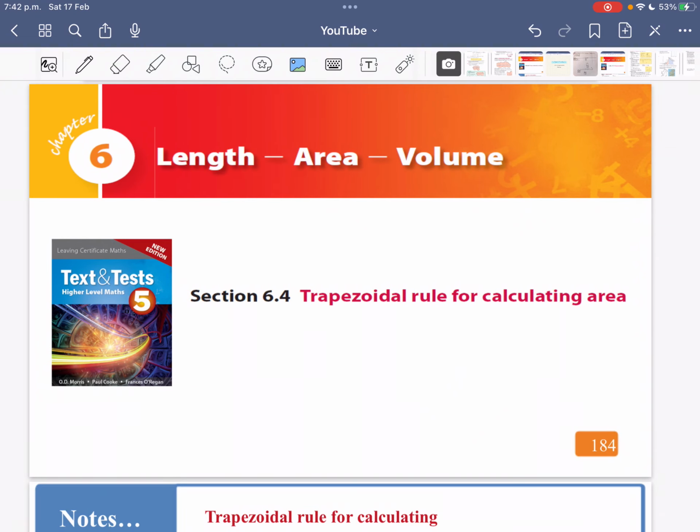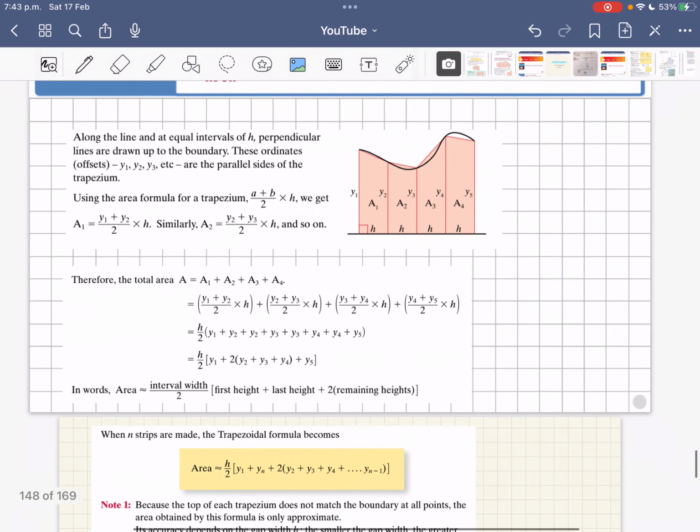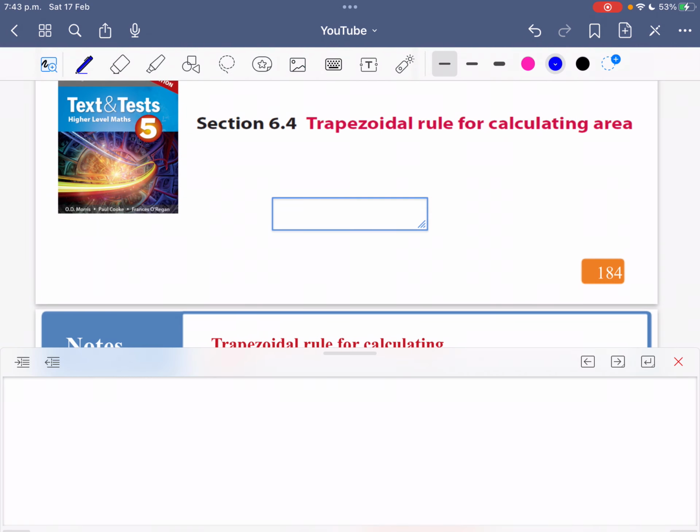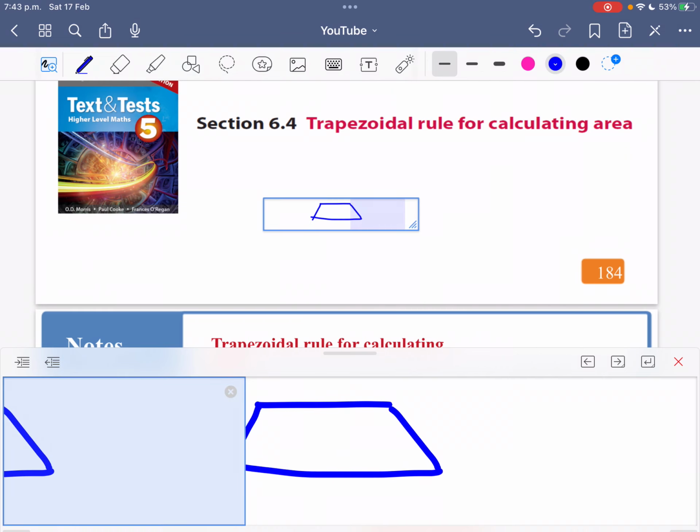In this video we are going to explain the trapezoidal rule. One of the previous videos talked about a trapezium, which is this shape where the top and the sides are different lengths.